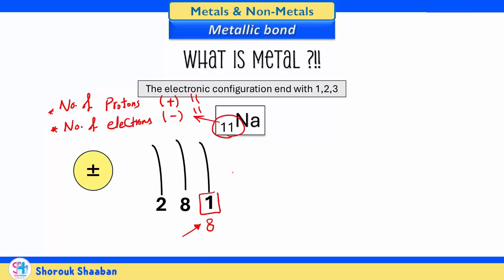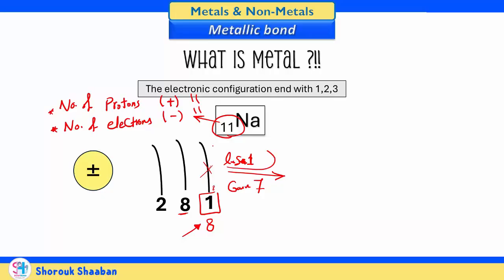No. So of course it will go into a chemical reaction in order to be 8. And in order to be 8, we have two options. Maybe lose this one electron, so now the last level will be 8 after losing this one, or gain 7 electrons above this one, so it will be 8. What is easier? Lose just one or gain 7 electrons, 1, 2, 3, 4, and so on, till 7 electrons to be 8.